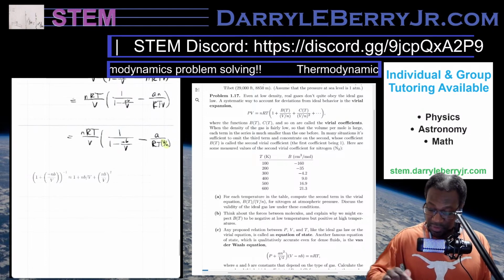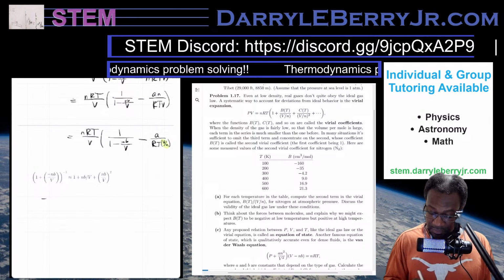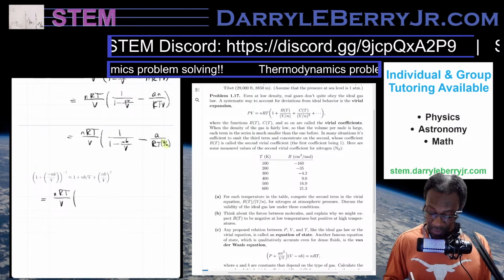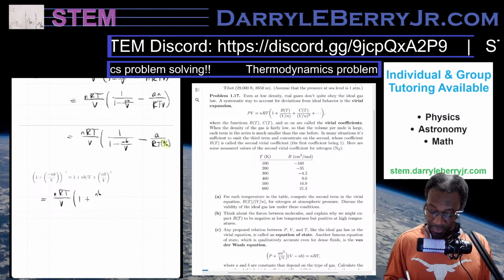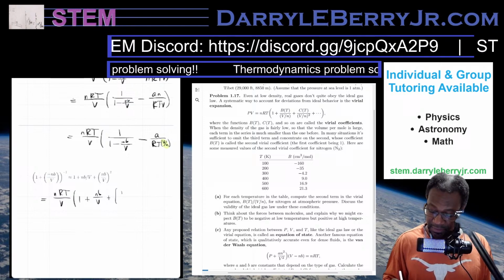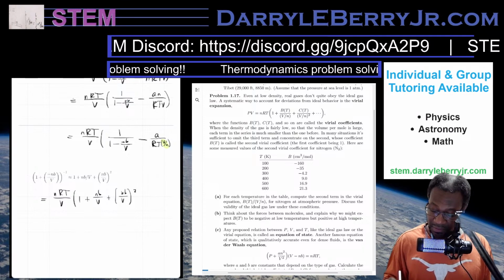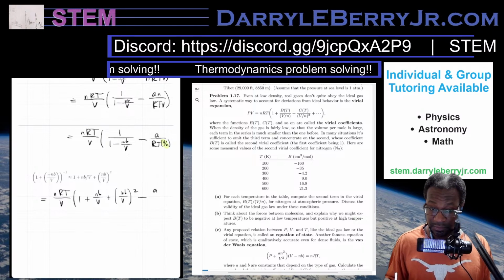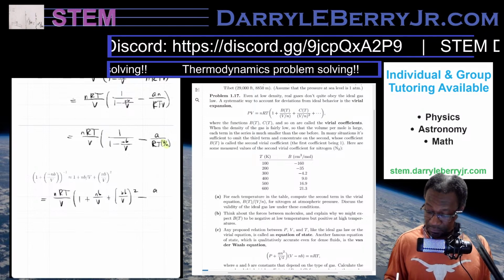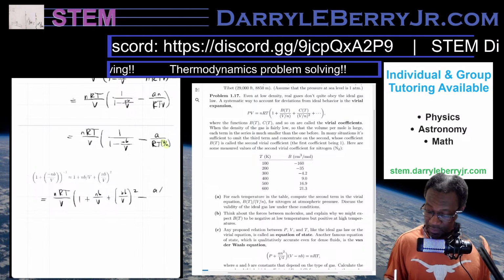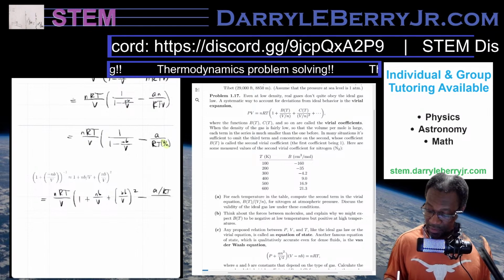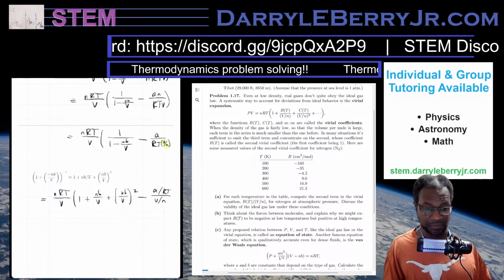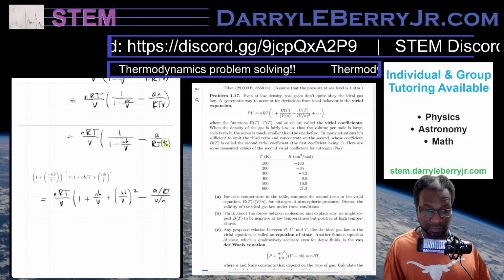Right? So that means it equals nRT over V, 1 plus NB over V plus NB over V squared, minus A over RT over V. From this expression, we can read off the second and third virial coefficients.